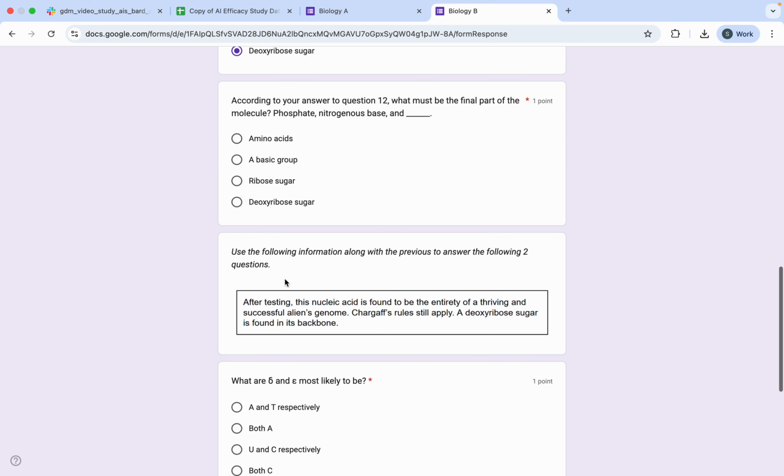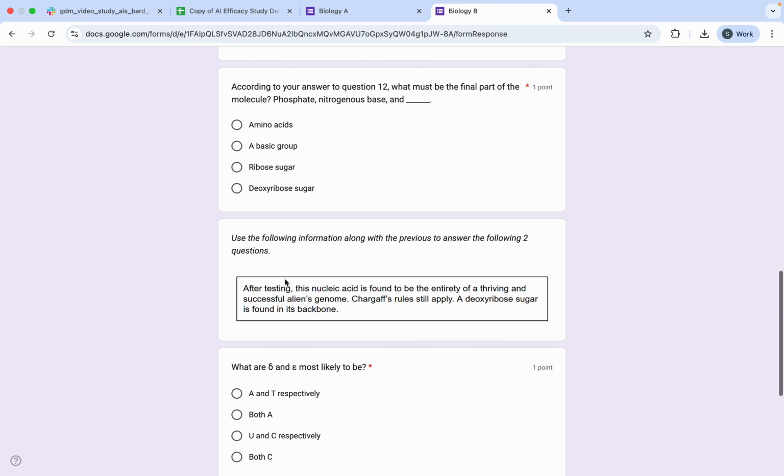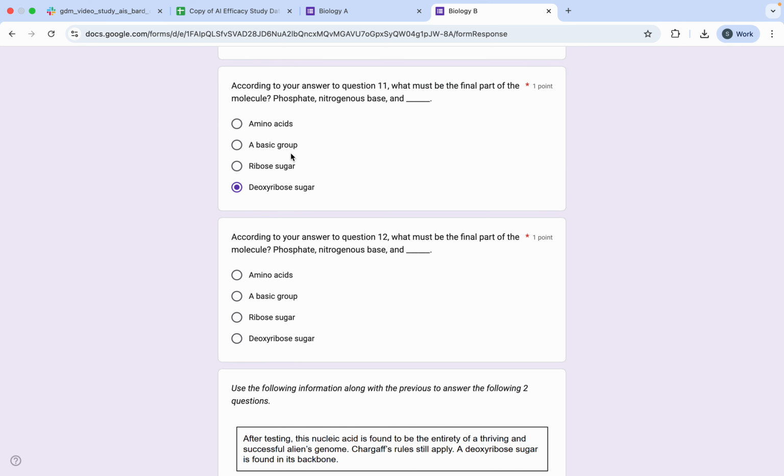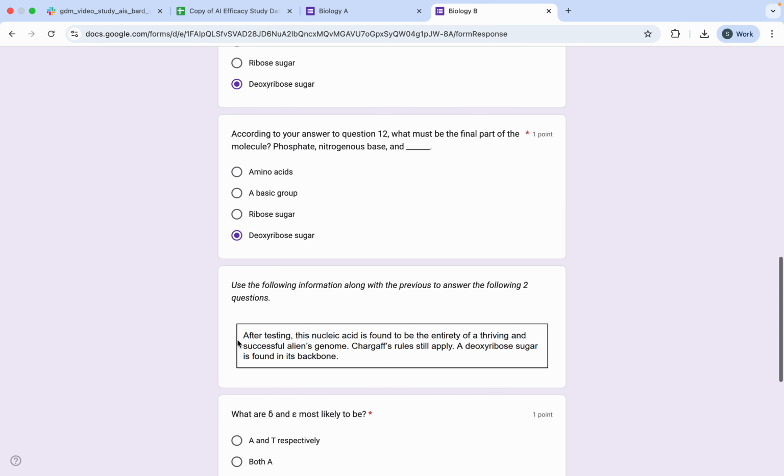Okay. Next question: according to your answer to question 12, what must be the final part of the molecule? Phosphate, nitrogenous base, and dash. Amino acid, a basic group, ribose sugar, and deoxyribose sugar.